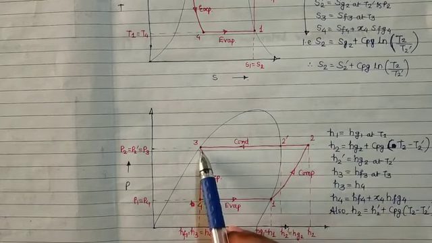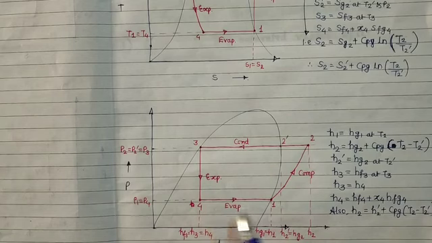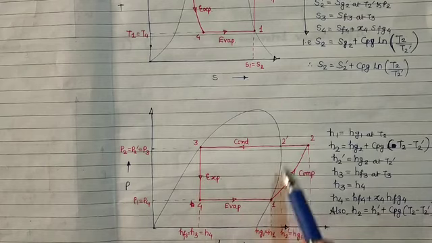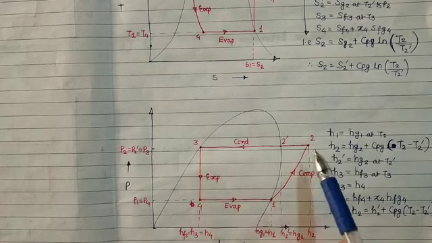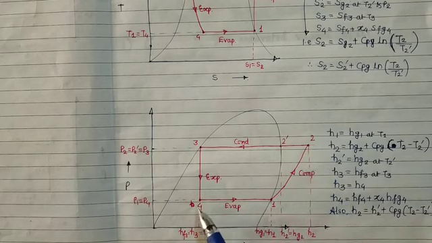H3 will be equal to Hf3. H4 will be equal to Hf4 plus X4 Hfg4, as point 4 is in the liquid-vapor region. See here, only point 4 is inside the liquid-vapor region. Other points are either on the saturated vapor line, the saturated liquid line, or in the superheated region.